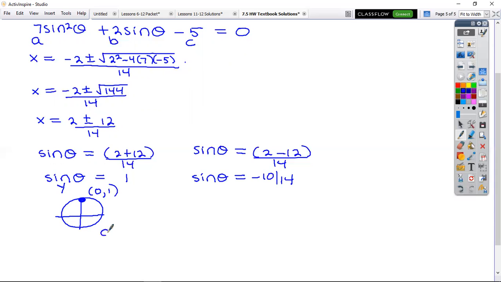So my first answer is just 90. Now I go over to the other side, and this is going to be triangles. Sine is negative beneath the x-axis. And go ahead and do second sine of 10/14 or reduce it for that matter. And then there's those 2 answers.